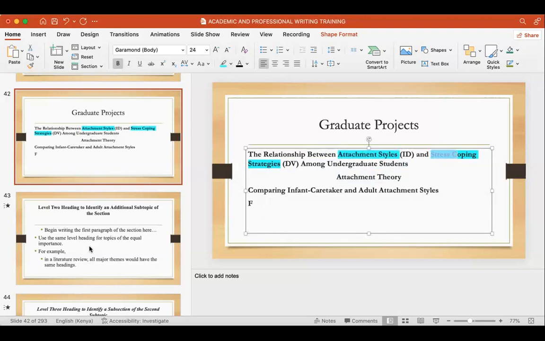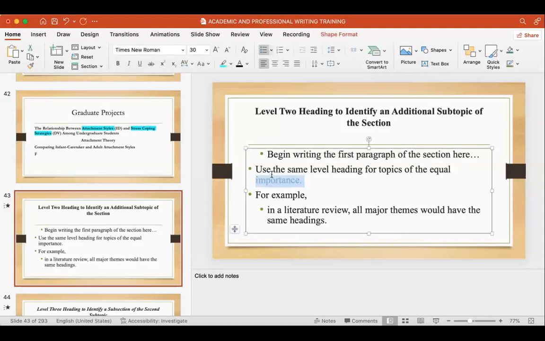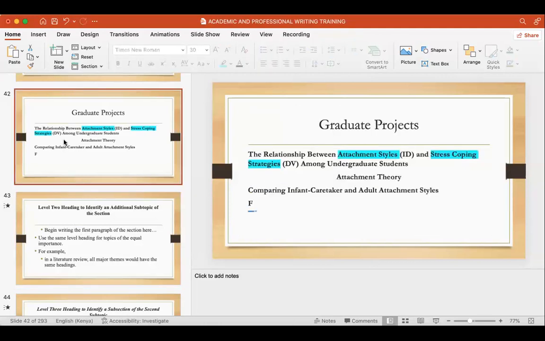Same to this. And that's why we're saying here, when you're talking about level 2, which is normally a subsection of level 1, begin writing the first paragraph of the section here. Use the same level heading for topics of equal importance. Now, if you are, for instance, talking about the 4 attachment styles, then all the 4 attachment styles are of equal importance.